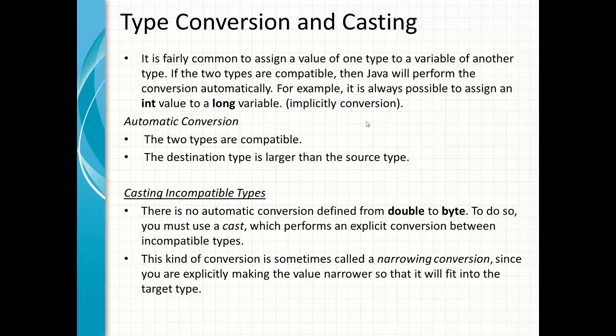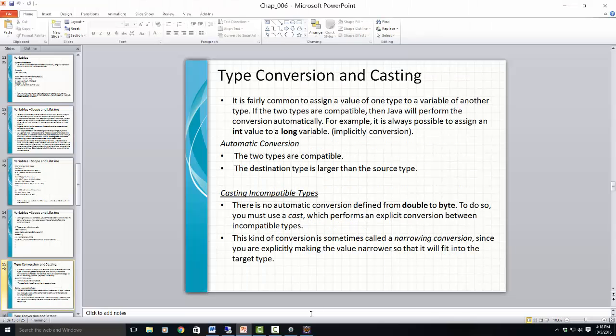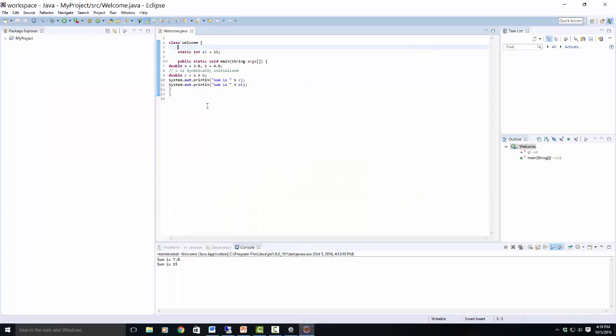Now, I hope you remember that one time we said byte b is equal to 10. So let me do it over here again. I will define byte b is equal to 15. Now this is all good, right? Even this is happening automatically.